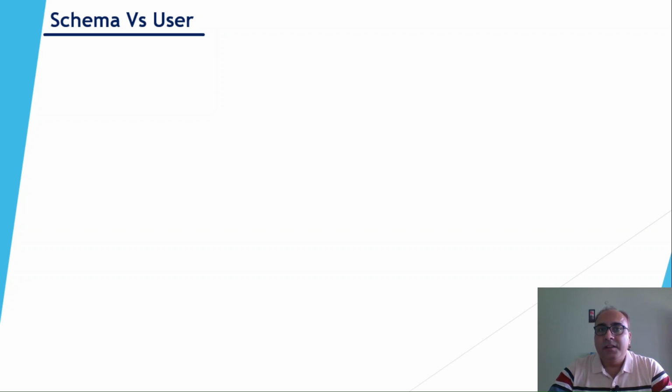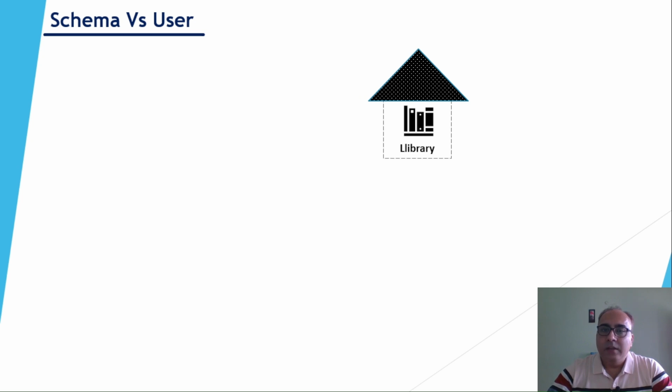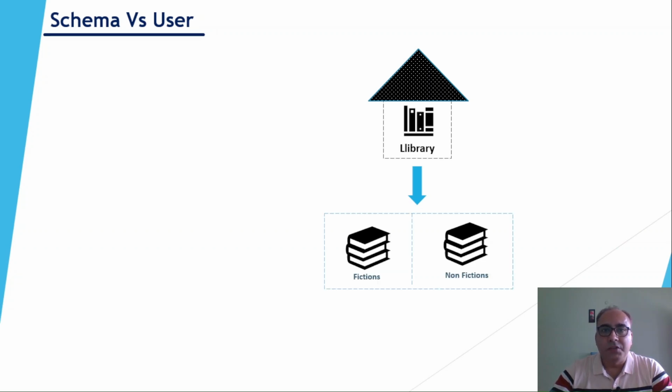Now let's try to understand the difference between schema and user in a simple way. Let's take an example of a book library. Let's say we have one library, and it has multiple sections like fictions and non-fictions.